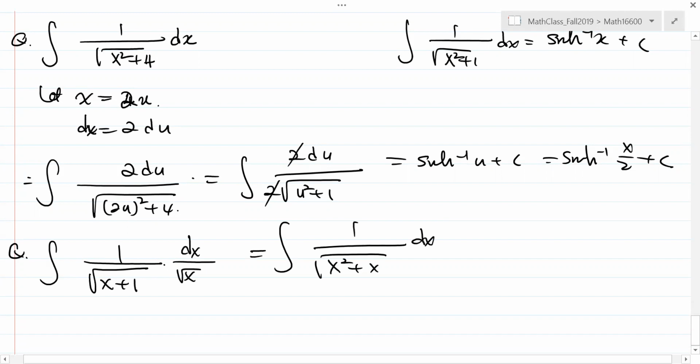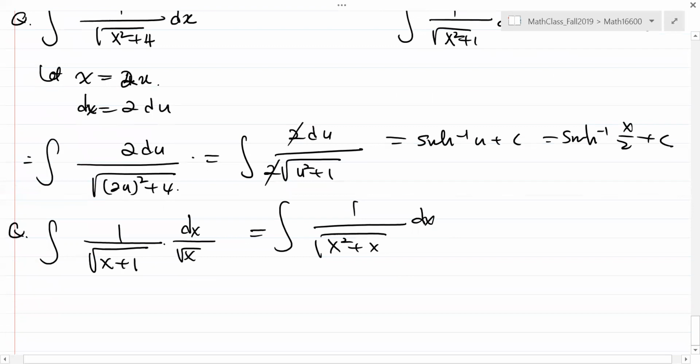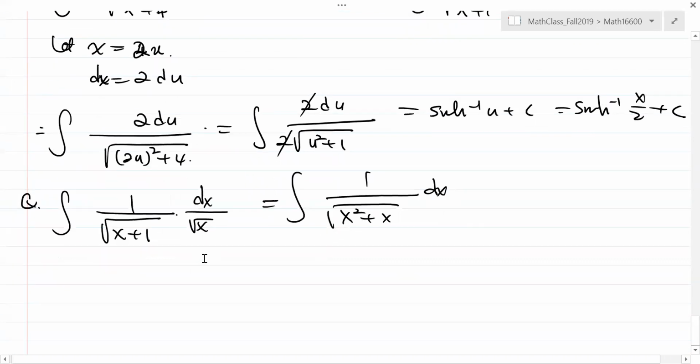Okay, it's hard to figure out, right? x squared plus x. Yeah, I'm not sure we can evaluate this. Let's try, okay?